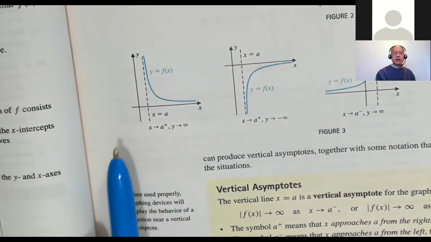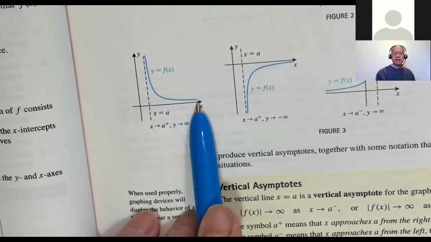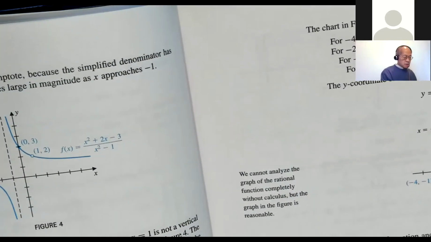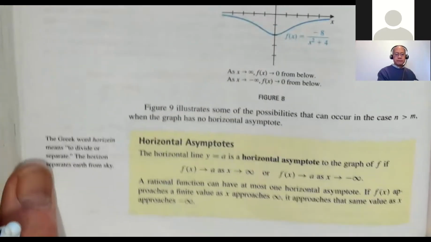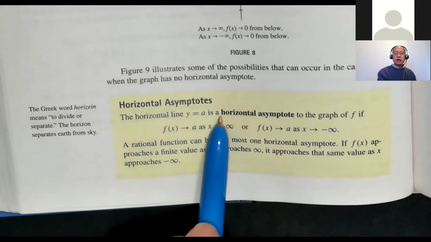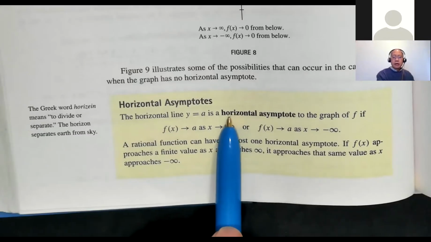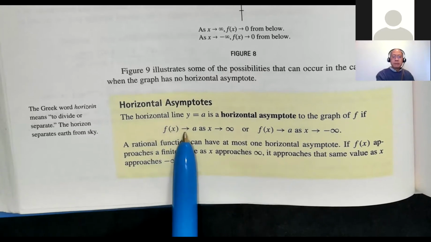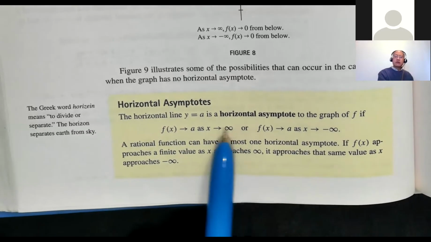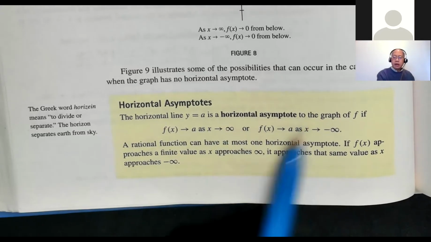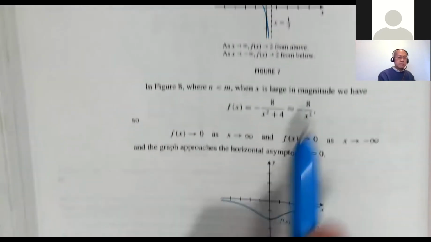And similarly, you can have a horizontal asymptote. It looks like here you have a horizontal asymptote, the x-axis, and here the x-axis is a horizontal asymptote. Page 160. Horizontal asymptote. The function approaches some number as x goes to infinity or x goes to -infinity. That means the graph goes way out to the right or it goes way out to the left.